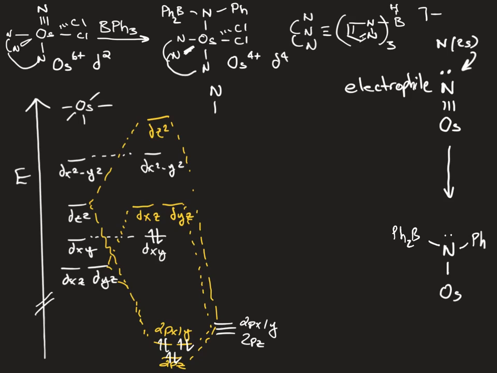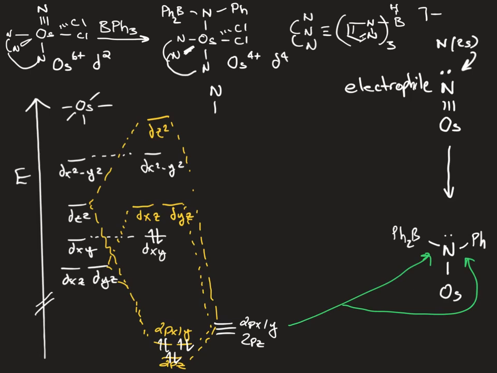When this occurs, the 2px and 2py orbitals are no longer available for bonding into the metal center. They're tied up in the nitrogen-carbon and the nitrogen-boron bond. So a way of thinking about it is that those 4 electrons from the 2px and the 2py are now incorporated in those 2 bonds.